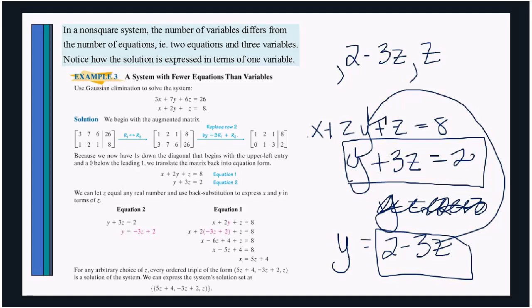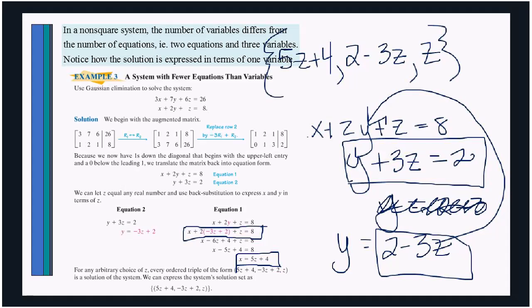And they find that x is, they did that right here. Sorry, this is really small. But they did that here and then combined like terms, and they found that x was equal to 5z plus 4. So 5z plus 4. And that's going to be your solution.